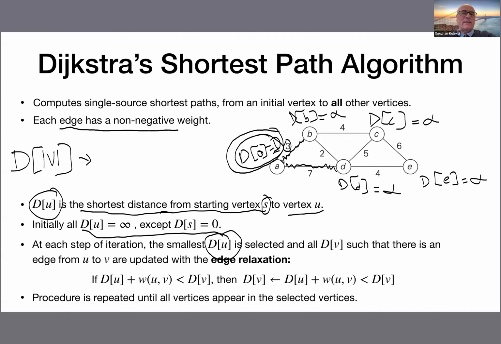And 3 is less than infinity. So let me update this to 3, okay? Similarly, from A to D, I can come with a cost of 7. So 0 plus 7 is equal to 7, and 7 is less than infinity. So that is why I make this 7.